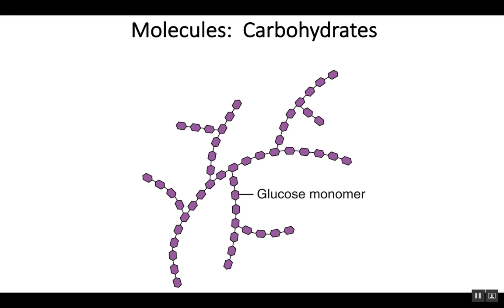That's how we store large amounts of glucose. 2 organs store glycogen: skeletal muscle, because skeletal muscle needs a lot of energy, and the liver. The liver is extremely important in storing glucose and then releasing it when needed. Again, we'll talk more about that when we get into AMP2. But this is a good example of what glycogen would look like.